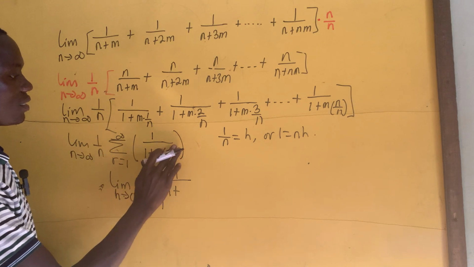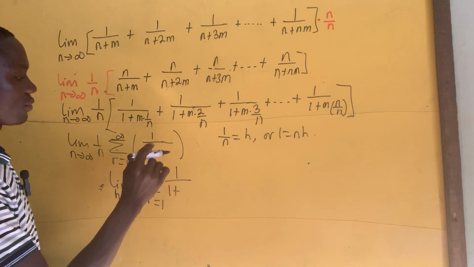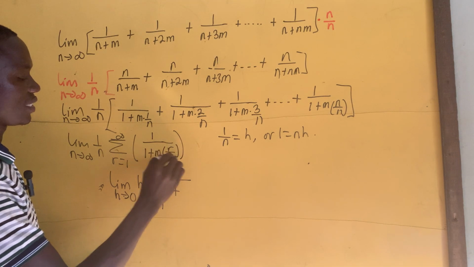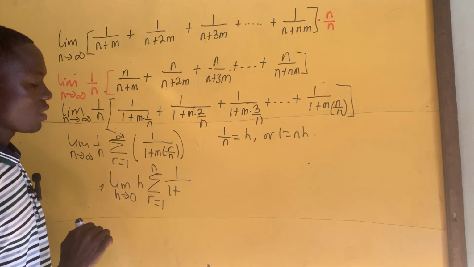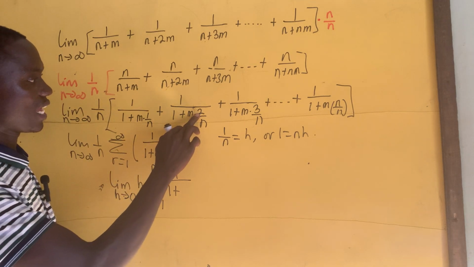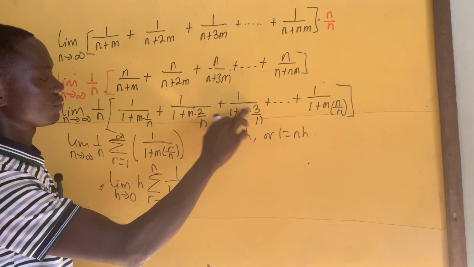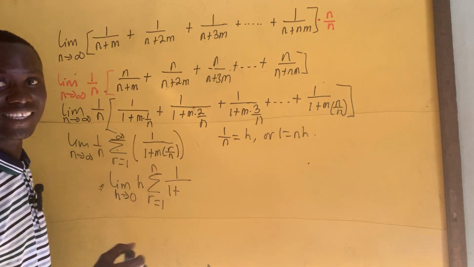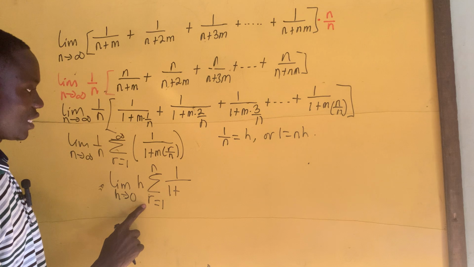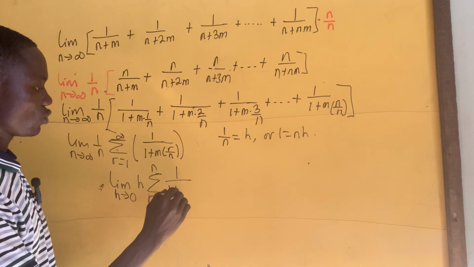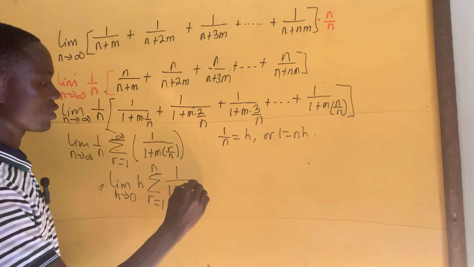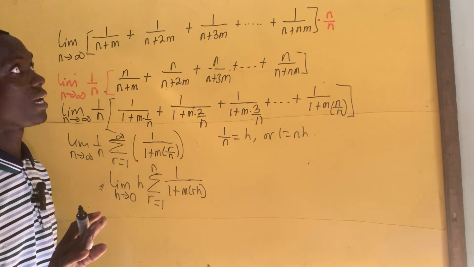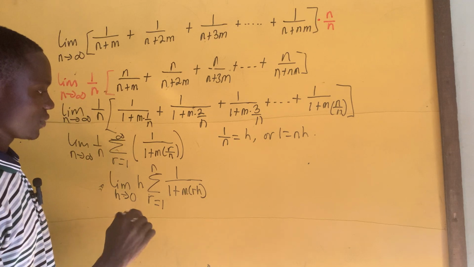Yes, here we have m times r on n, because r goes 1, 2, 3, and so on. So the r on n will now change to m times rh. I hope this makes a lot of sense.